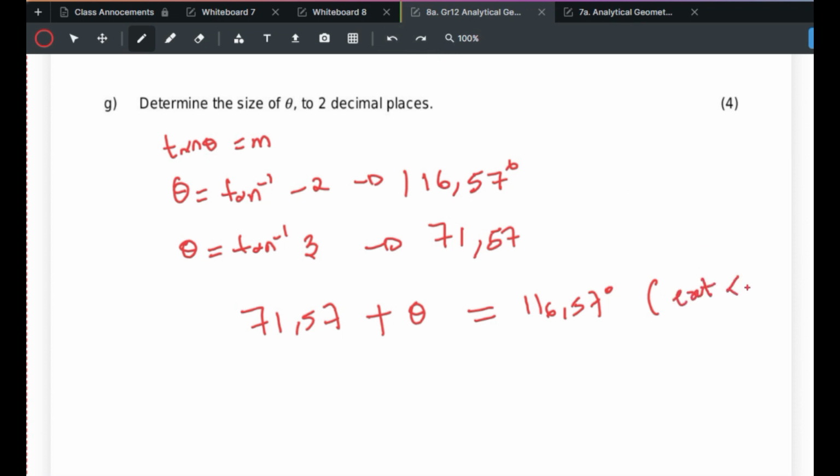So that your teacher doesn't just find ways to screw you guys over. Exterior angles of a triangle, therefore theta is equal to 116.57 minus 71.57, so theta is equal to 45 degrees.